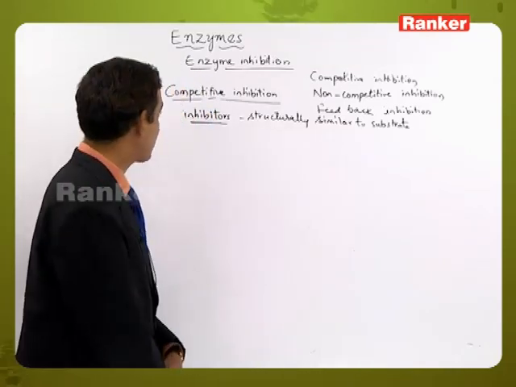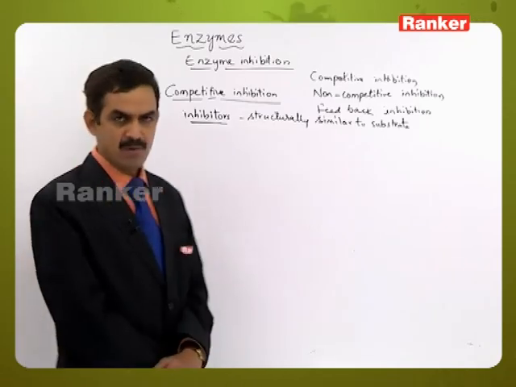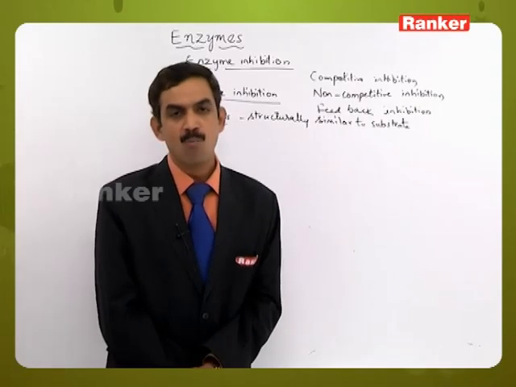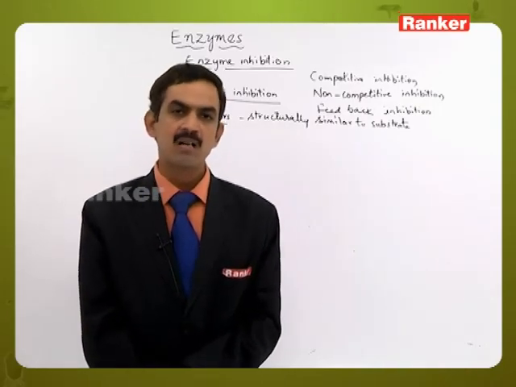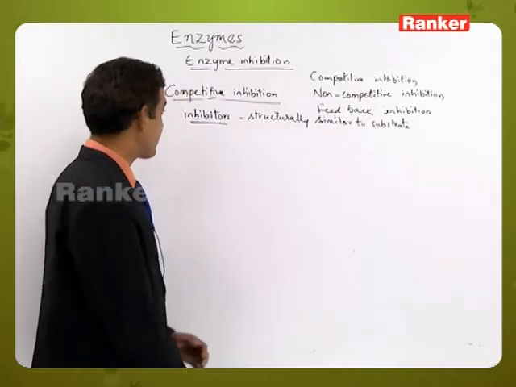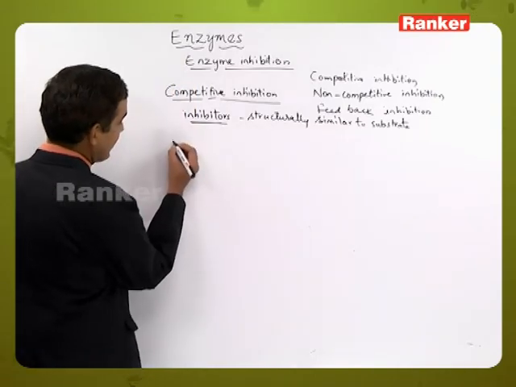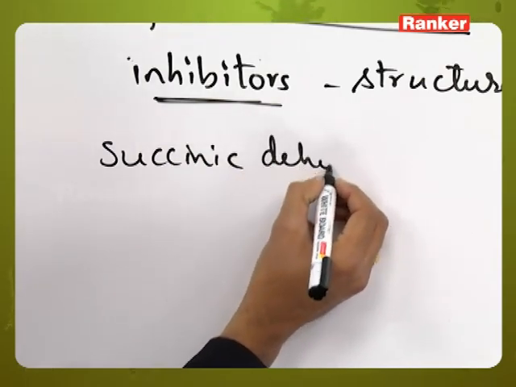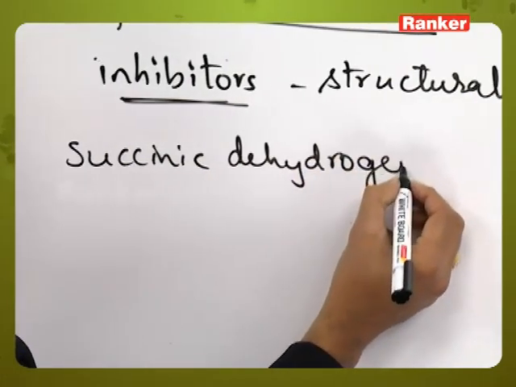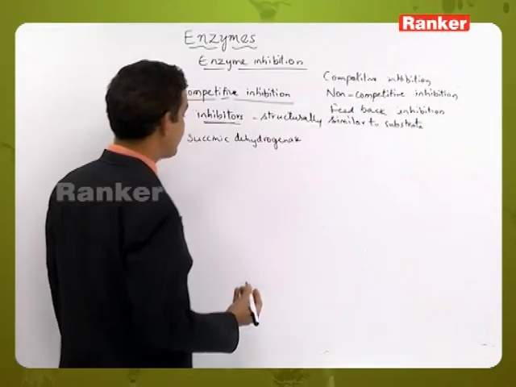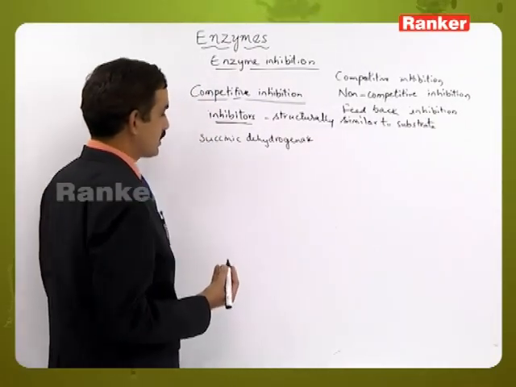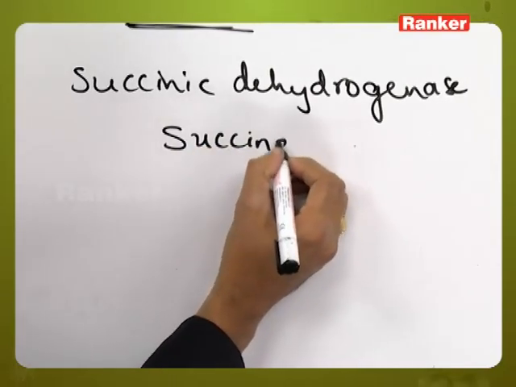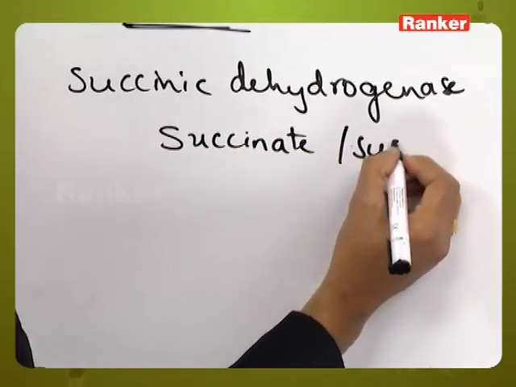That is the way this inhibition is taking place. This type of inhibition is called competitive inhibition, and it can be reduced when more substrate molecules are present. Let us take one example here: there is an enzyme called succinic dehydrogenase. This succinic dehydrogenase is specific to the substrate called succinate or succinic acid.